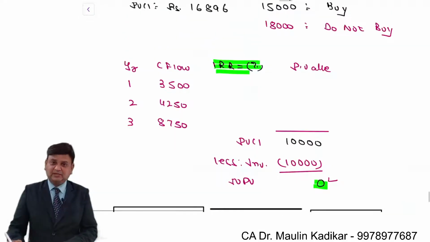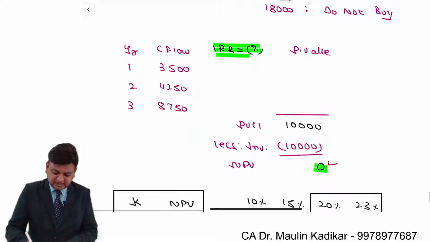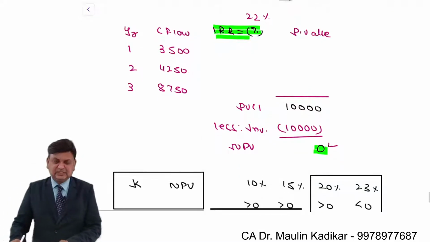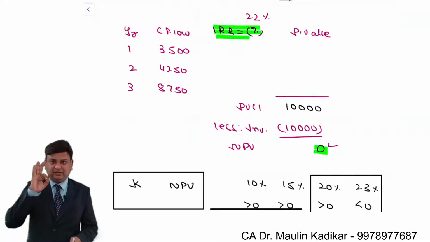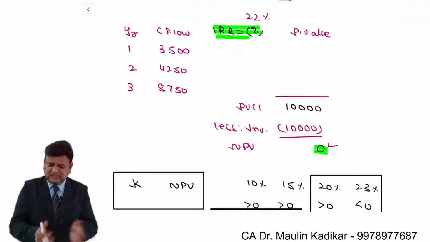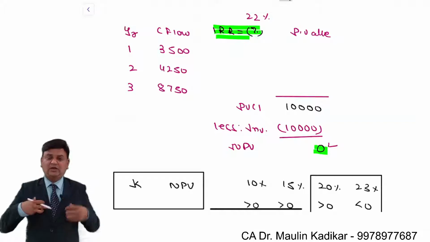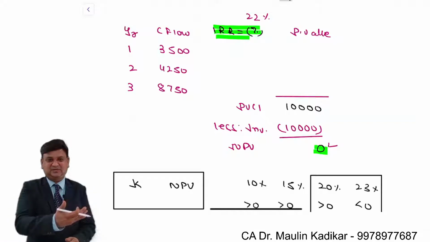Suppose after doing interpolation, we find that the internal rate of return is 22%, for example. It means that 22% is the discounting rate at which NPV is 0, and that is the maximum cost that I can afford to accept the project.